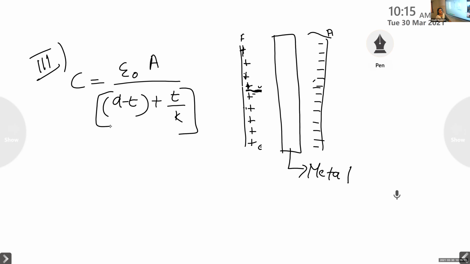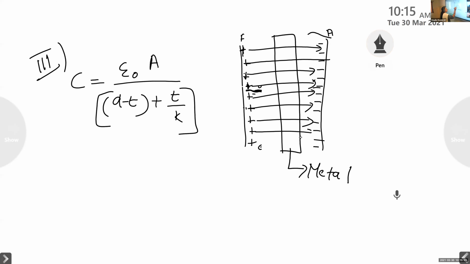That is, it has the ability to pass an infinite number of electric field lines through it. Then the dielectric constant, or the relative permittivity of the medium, K, becomes infinity here.